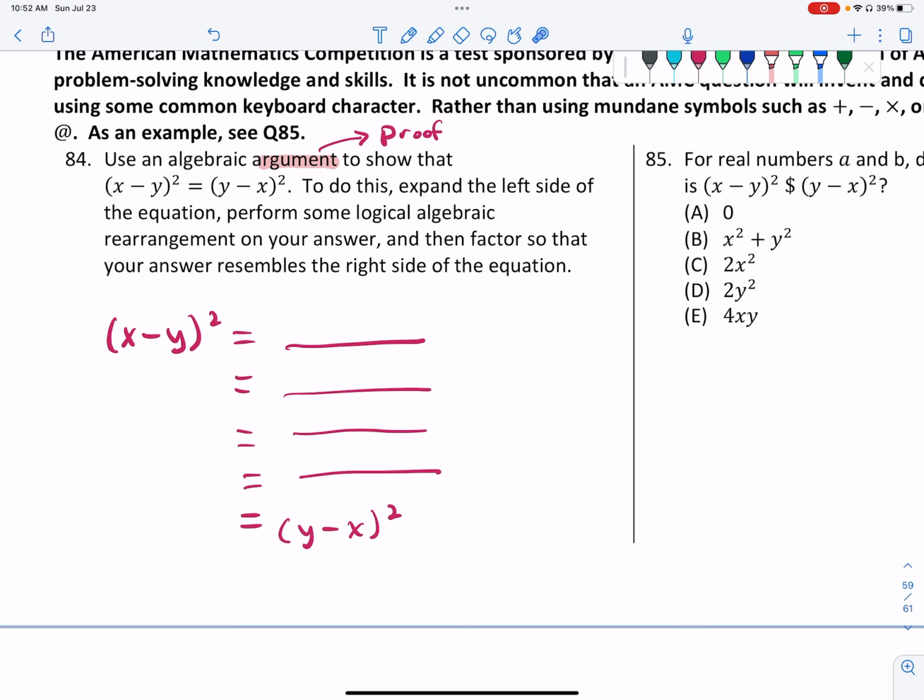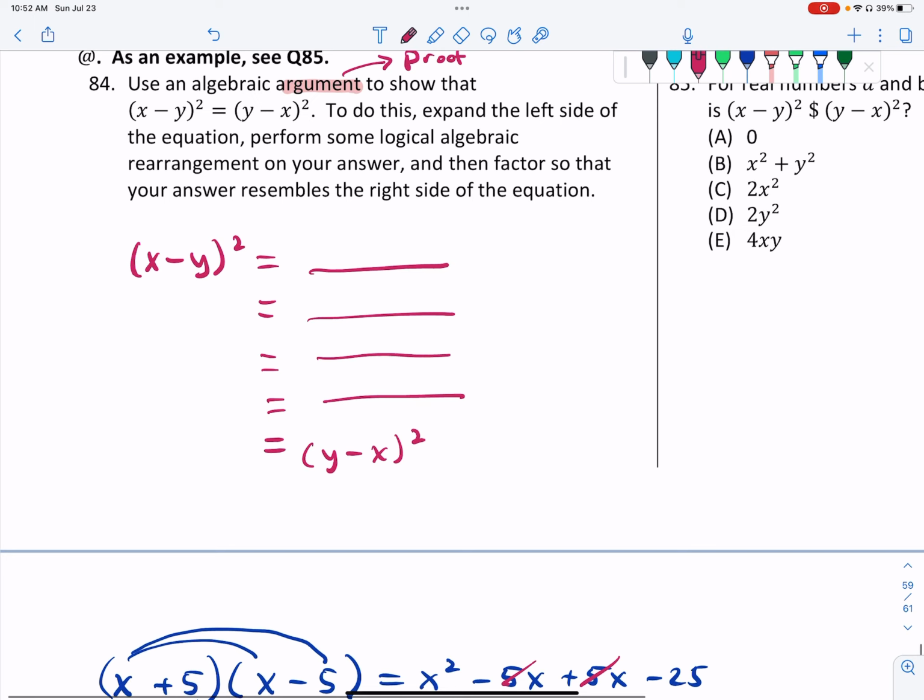And this is an example of something called the transitive property. The transitive property goes like this: if A is equal to B and B is equal to C, then we can conclude that A must be equal to C. And a lot of proofs use this same idea. That's exactly what you're doing here, but you're stringing together a whole bunch more than just A, B, and C.